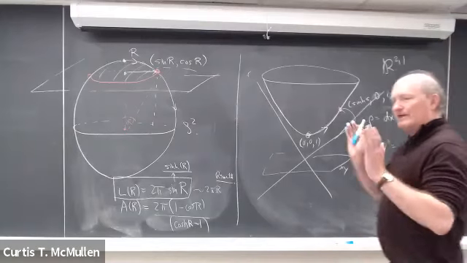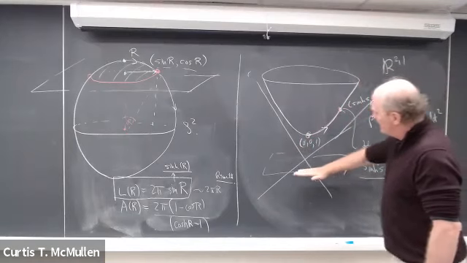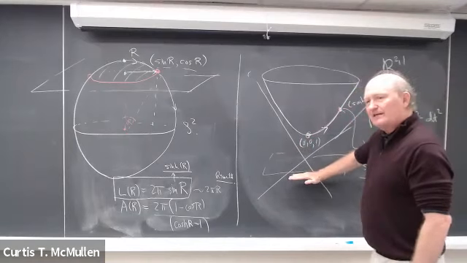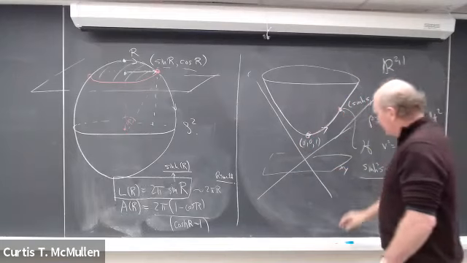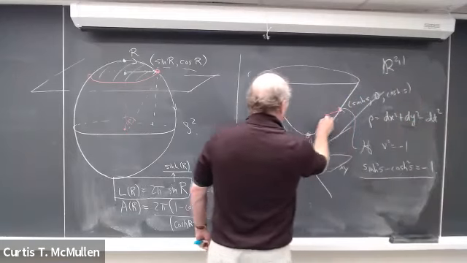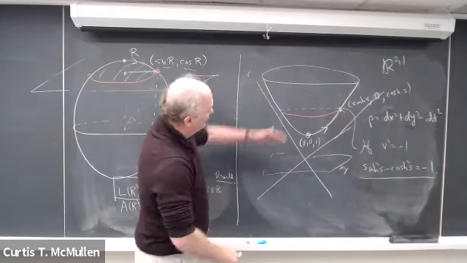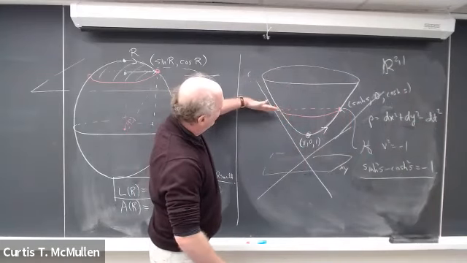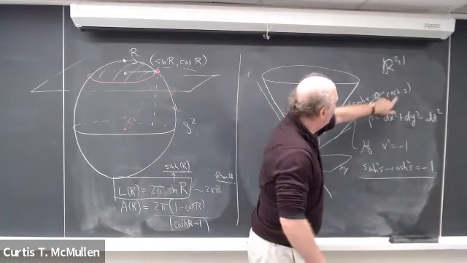Okay, and now we use exactly the same fact, which is that in R^{2,1}, the metric restricted to the xy plane is nothing but the Euclidean metric. And the circle of interest is this one here, which is simply the intersection of the hyperboloid with the xy plane translated to height cosh s.